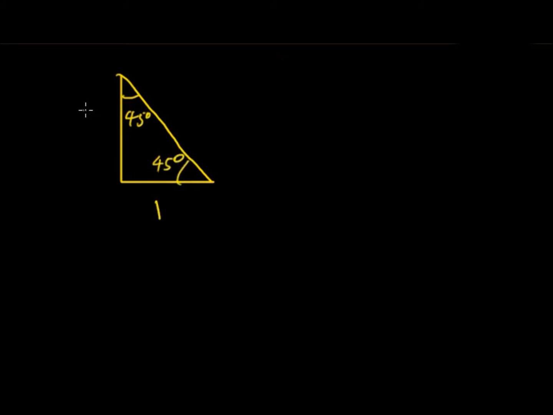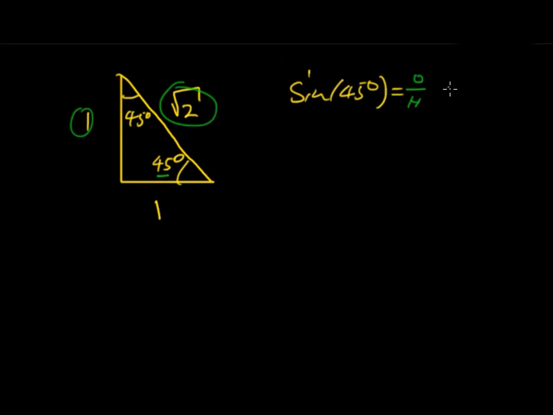Then the sides are 1 and 1, therefore the hypotenuse is 1 squared plus 1 squared, which is 2, square rooted, so square root 2. And from this we can work out the different values. So sine 45 degrees is opposite over hypotenuse, so it's going to give us a value of 1 on root 2.